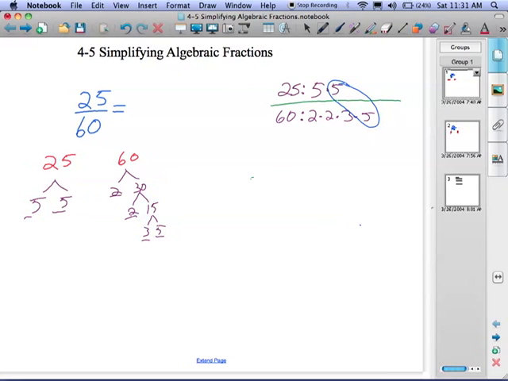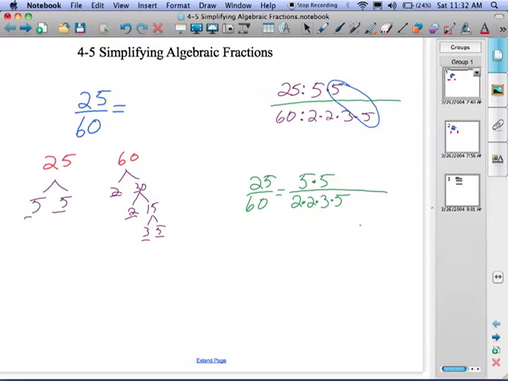What I'm really doing is we have 25 over 60, the fraction. 25 can be rewritten as 5 times 5, and 60 can be 2 times 2 times 3 times 5. So instead of having 25 over 60 as a fraction, we have 5 times 5 over 2 times 2 times 3 times 5. We write the prime factorizations as a fraction.